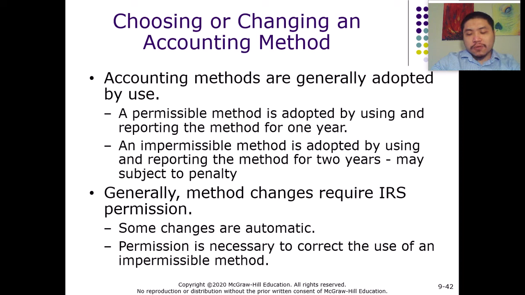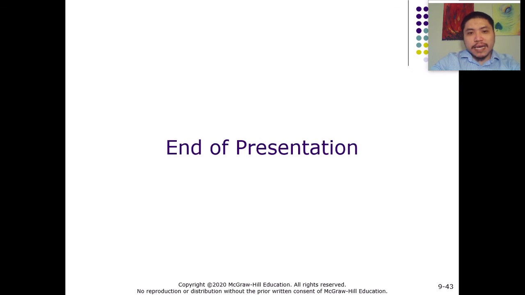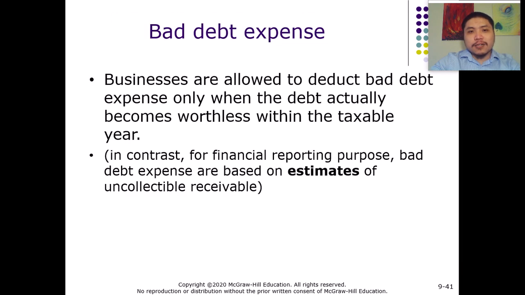All right, so this discussion is the end of our chapter 9. I know the later end of this chapter is a little bit conceptual, and you may find it hard to wrap your head around, but still, the major thing that I want to focus on in this half of the chapter is that you know the major difference between financial reporting purpose and tax reporting purpose, right?